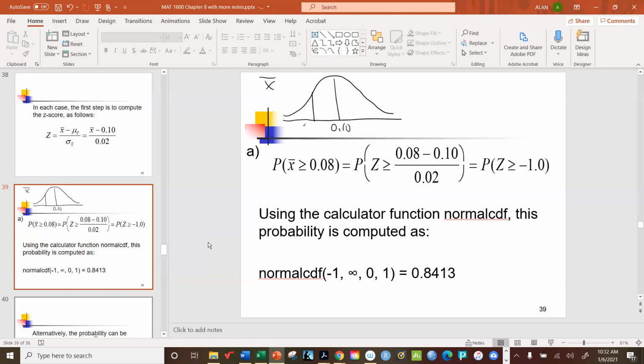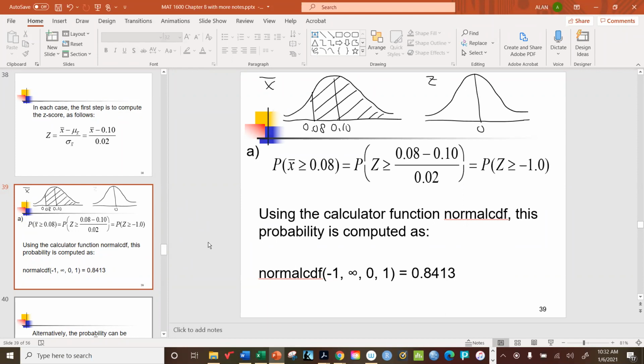We're looking for this probability. And on the standard normal curve, this is the equivalent of this probability, because 8% is one standard error lower than the mean.